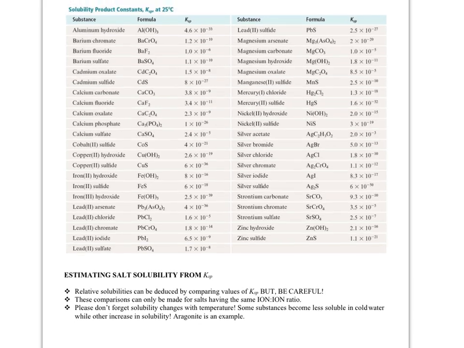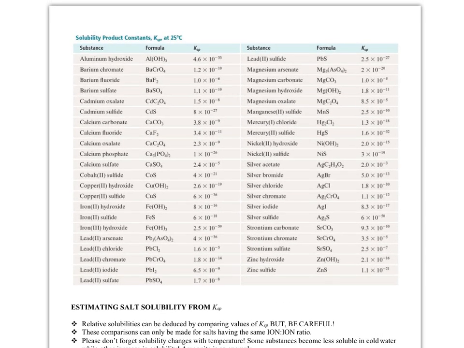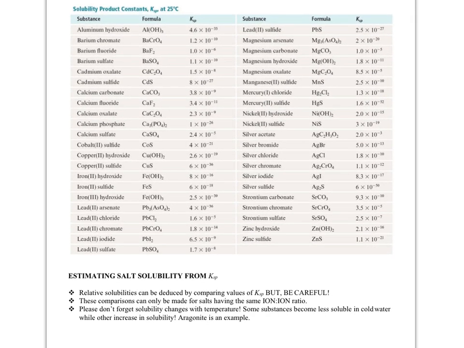All right, in this table of solubility equilibrium constants, this gives you a lot of really good information. So you're going to be given KSPs if needed, or you'll be given information to calculate a KSP. We'll talk about how to do that later. But one of the things you want to pay really close attention to when you're looking at these KSP values is what do they mean?